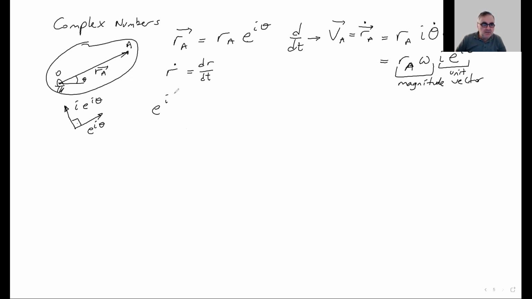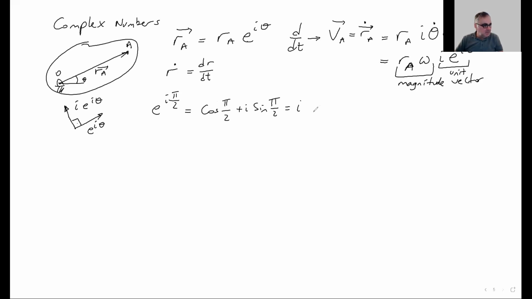e to the I times pi over 2 is cosine pi over 2 plus I sine pi over 2. Now cosine pi over 2 is what? 0. And sine pi over 2 is 1, sorry.